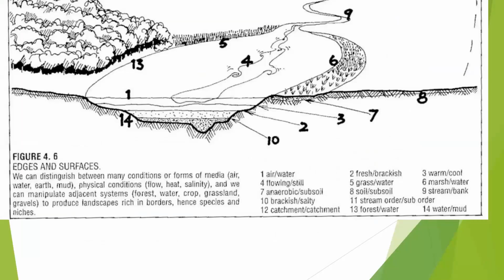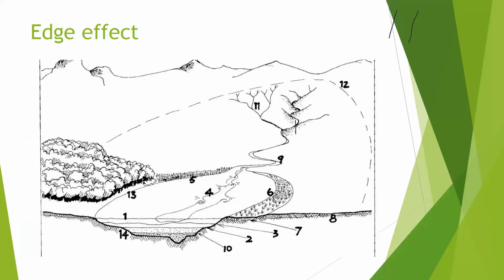Final thoughts for today are around edges and surfaces, and we're interested in diversity. We're interested in the subtle differences that happen in systems. We talked about water, we talked about flow. Let's explore this diagram.